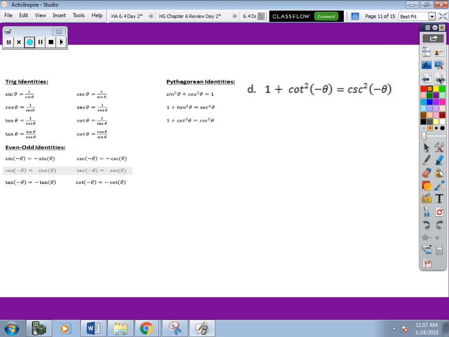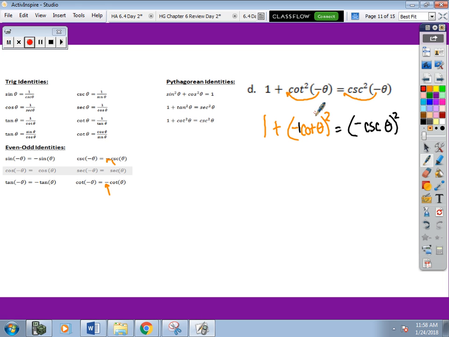All right, the next one, as I said, the negatives are just going to go away. And that's because you're going to take it out. Cotangent does come out front. You can see in our formula sheet. And for cosecant, it also would come out in front. So this would be 1 plus negative cotangent theta quantity squared, because this is really a negative 1 cotangent. The negative would come out front to be negative cosecant of theta quantity squared. And then you square the negative.